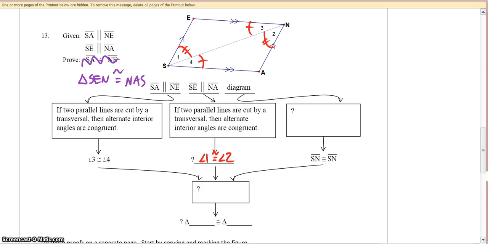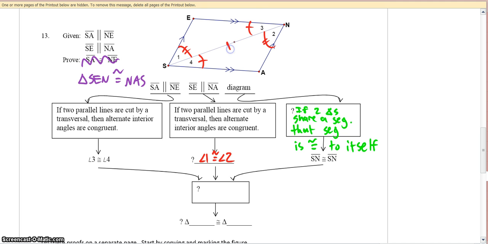Well, it looks like SN is shared by both of these triangles, and we've already done that before, that if two triangles share a segment, that segment is congruent to itself. Therefore, SN is congruent to SN.